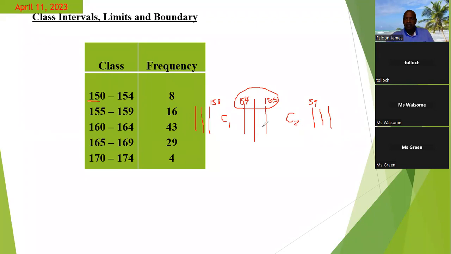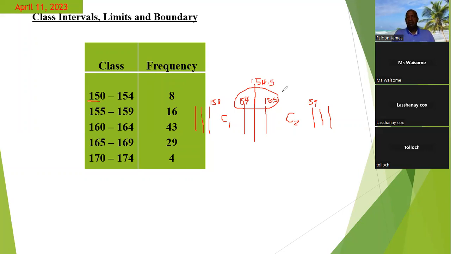Okay, sir. Everybody see that? So now the mid value here is 154.5. What does this value represent? Boundary, sir? The boundary. That's the boundary value.